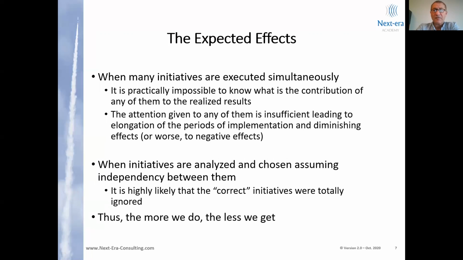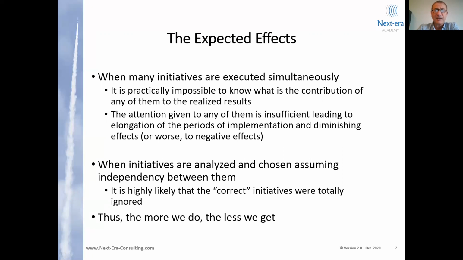However, there are a few expected effects of running multiple initiatives at the same time. One is that in retrospect, when you look at the achieved results, it is impossible for the company to know which of the initiatives have contributed what to the result experienced.